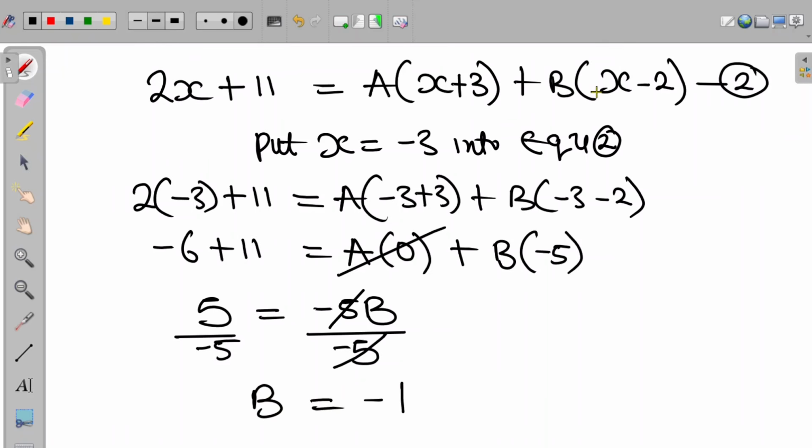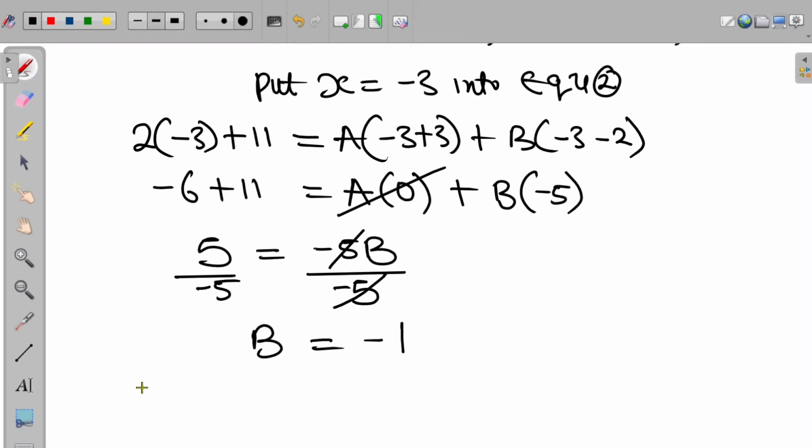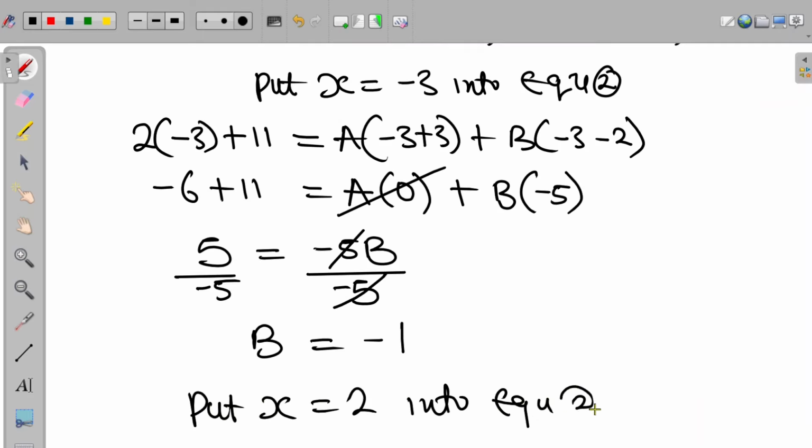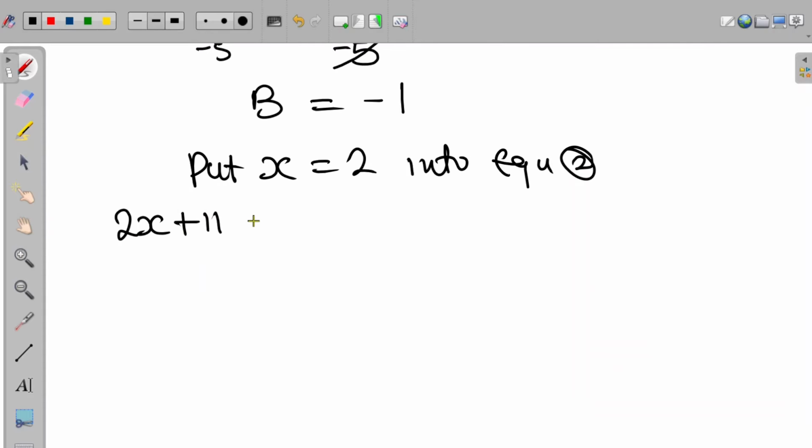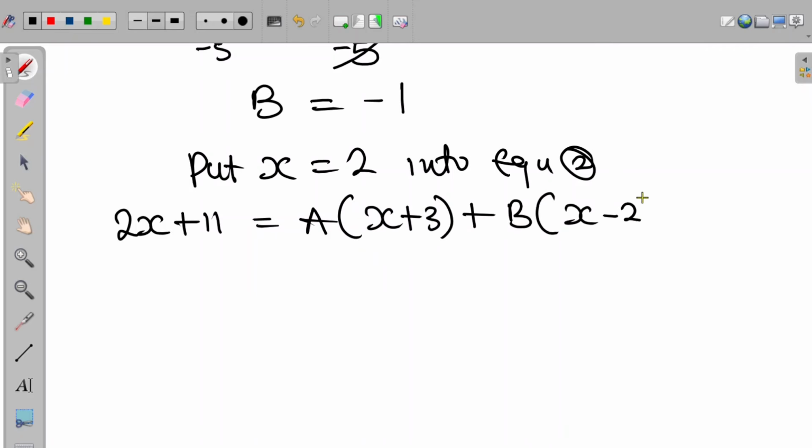Also, to obtain the value of A, we can substitute x equal to 2 into equation 2. Recall that our equation 2 is expressed as 2x + 11 equals A(x + 3) plus B(x - 2).